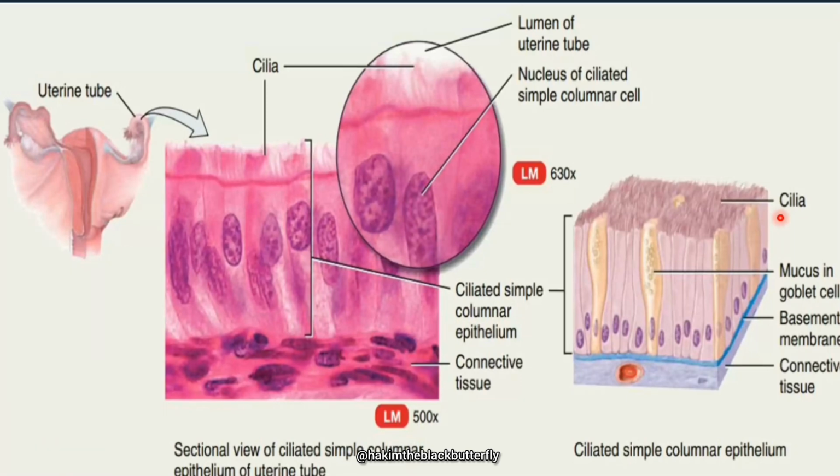If the cilia are affected, they may not be in a position to easily allow movement of the ovum to the site of fertilization, or if fertilization occurs, it will be hard for the zygote to be pushed towards the uterus for implantation. So these ladies, because of chronic infections that are not treated early, can present with infertility simply because of damage to this inner lining of the uterine tube by the pathogens that cause sexually transmitted infections like gonorrhea and chlamydia.